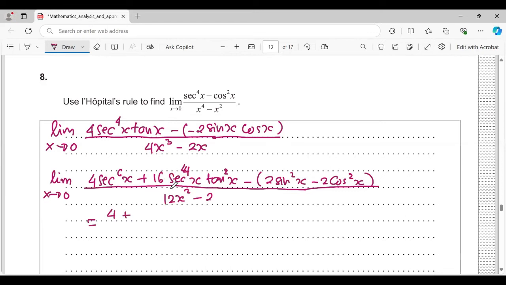And this part is 0, sine 0 equals 0, minus this is 2 over, this is 0 minus 2. So it will be 4 plus 2 over minus 2. It is 6 over minus 2, which is minus 3. This is the solution, minus 3.